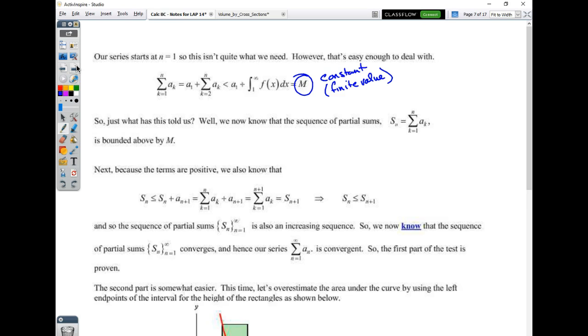Now what this tells us is actually something really, really useful. It tells me that my series is smaller than the first term plus the integral. You may want to write there: this line right here tells me my series is smaller than my first term plus the integral.